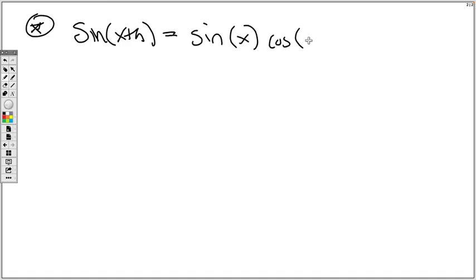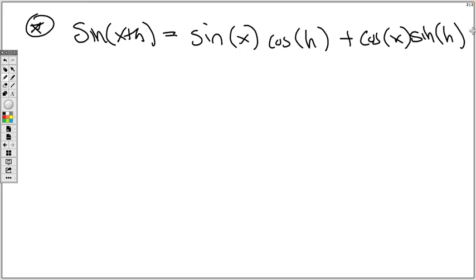So we need to go back and evoke a trig identity that you may or may not remember. It's the sum formula for sine. If you look at the sine of the sum of two things, it's the sine of the first term times the cosine of the second plus the cosine of the first term times the sine of the second. At some point in your trigonometry or pre-calculus, you saw something like this. Hopefully you had some kind of story as to why it was true.